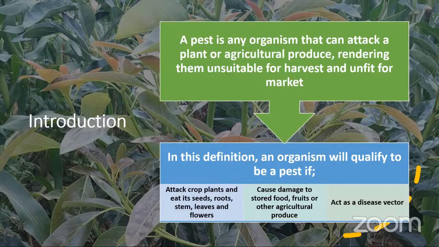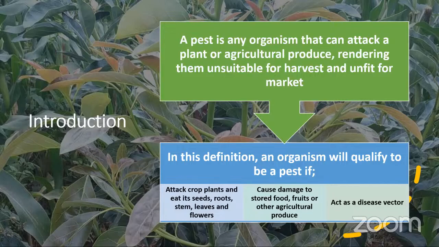You can note that a pest reduces the value for cultivation of our crop. Any crop which we are growing, if it is infested with pests, it will reduce the market value of your crop.